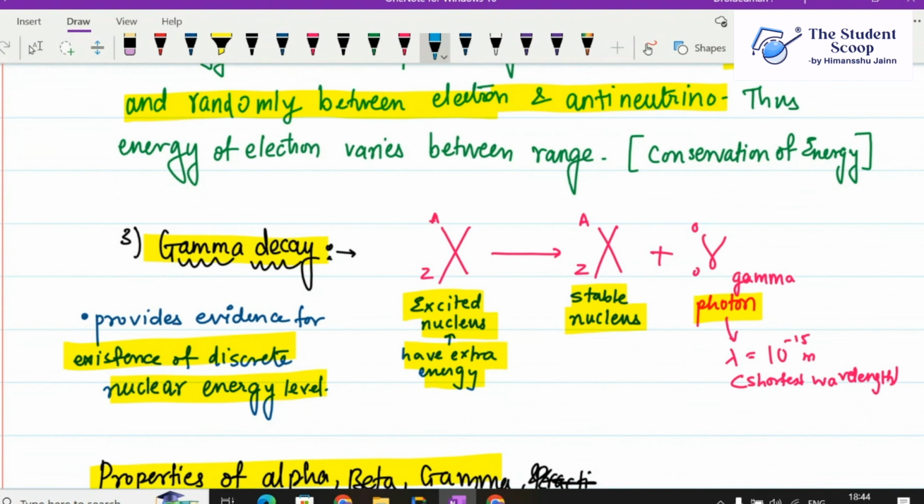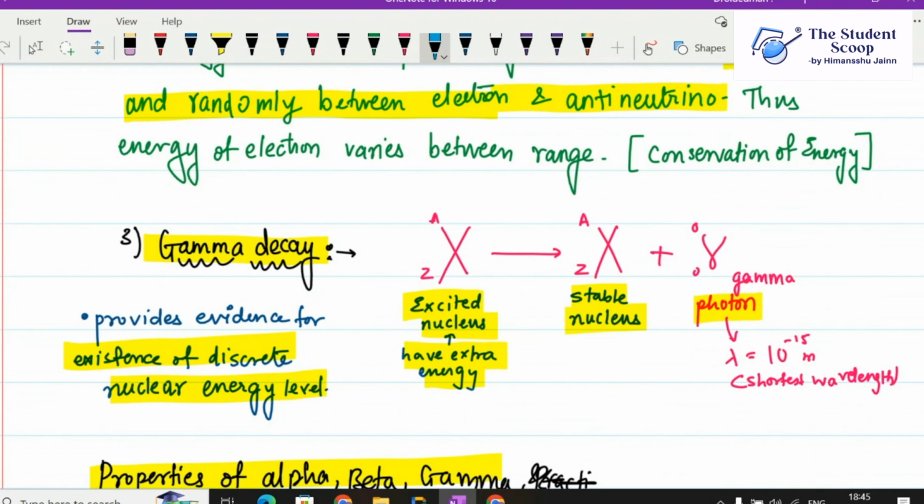Yes, gamma decay, what happens? A nucleus which is in an excited state, when protons and neutrons carry some extra energy, releases that energy in the form of a photon. That photon is usually in the gamma range, like 10 raised to minus 14, minus 15. That is the shortest wavelength that we can detect. Protons and neutrons inside a nucleus can carry extra energies, and those energies are discrete, because we have seen that when electrons have higher or lower energy, they can make a transition, and we get an emission and absorption spectrum.